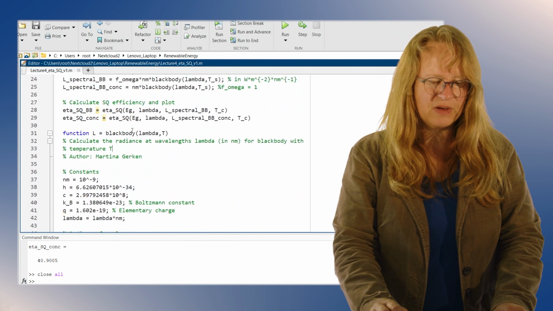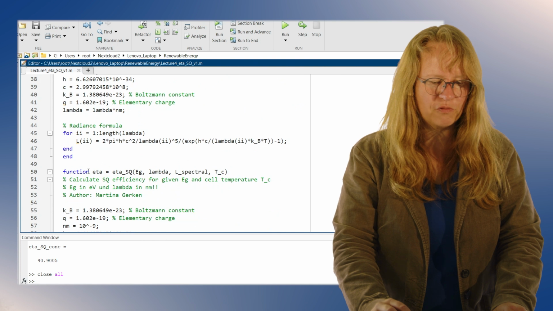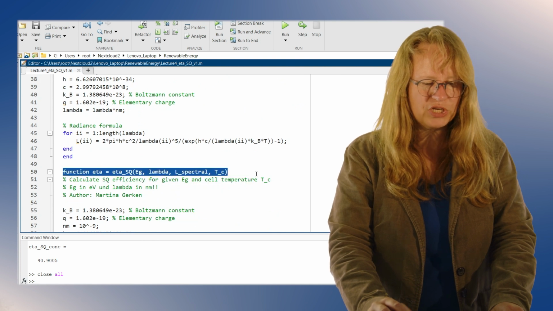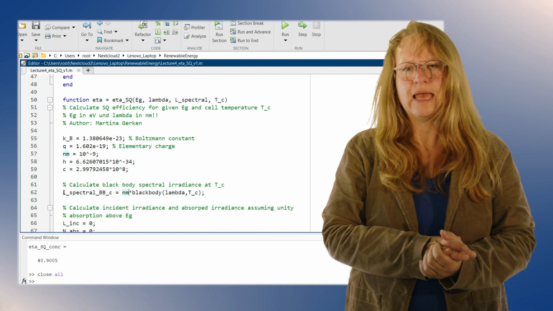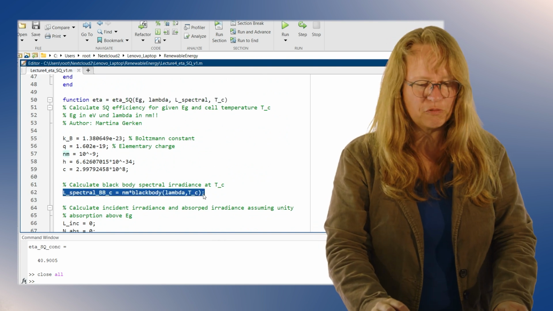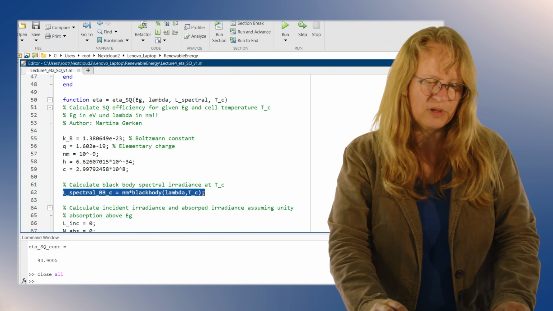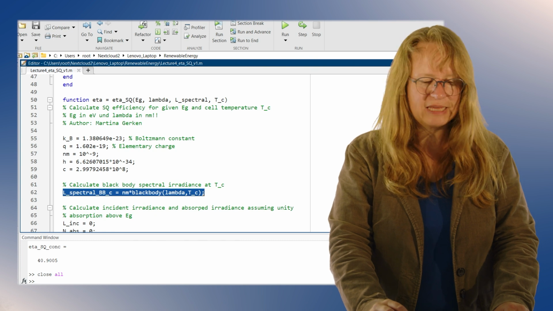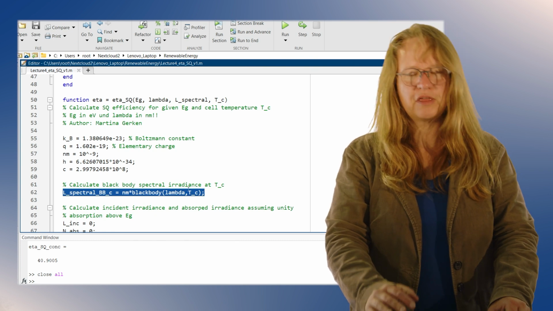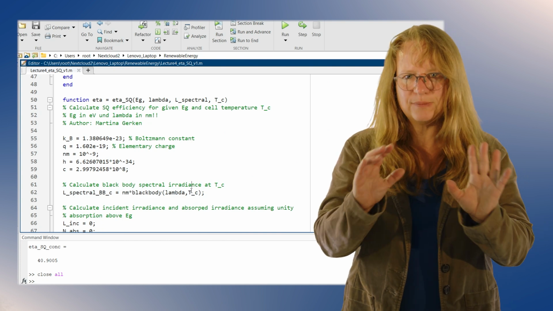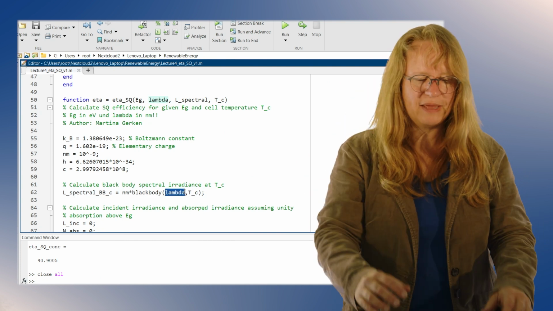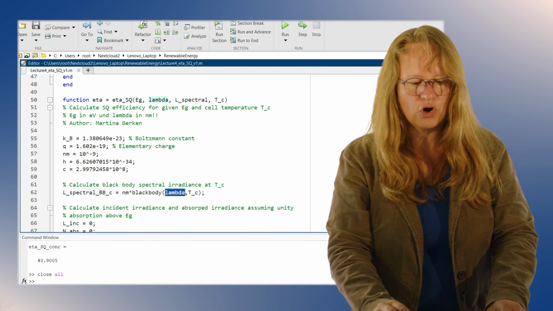And in this function then, what I do is I first of all calculate the black body spectrum for the solar cell at the given temperature Tc. So for example, at the temperature of 300 Kelvin for all the different wavelengths in the wavelength vector. This might seem a bit complex. I mean, you could also calculate this already and hand it over as a vector here.